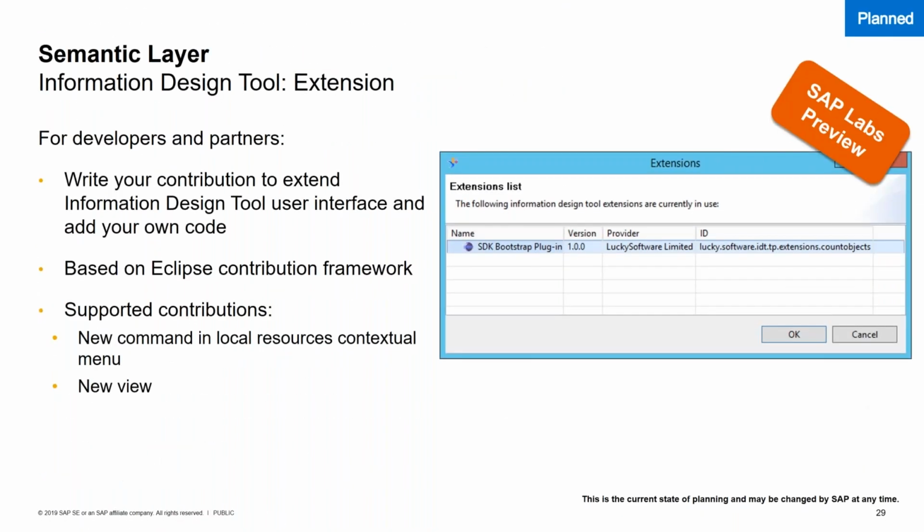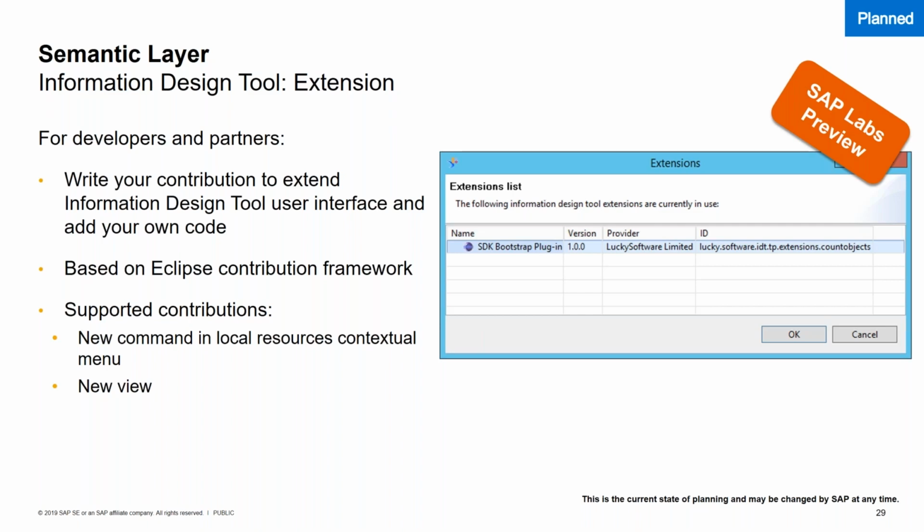Another one, which is quite strong. We introduced this specifically for our partners, for the developers, as part of IDT for 4.2 SP7. We support extensions, meaning that as a developer you can write your code and integrate it into IDT using extensions. This is a brand new extension framework for IDT, and we support two types of extension.